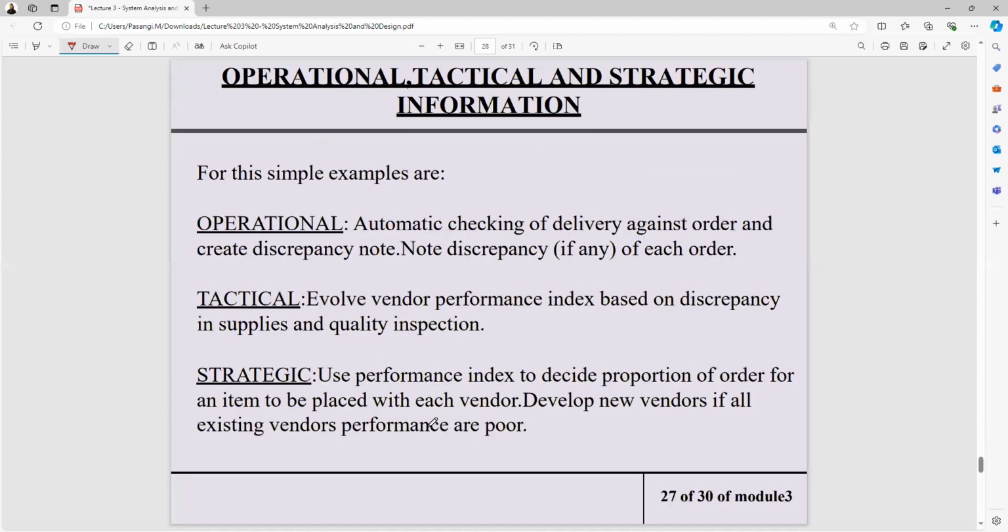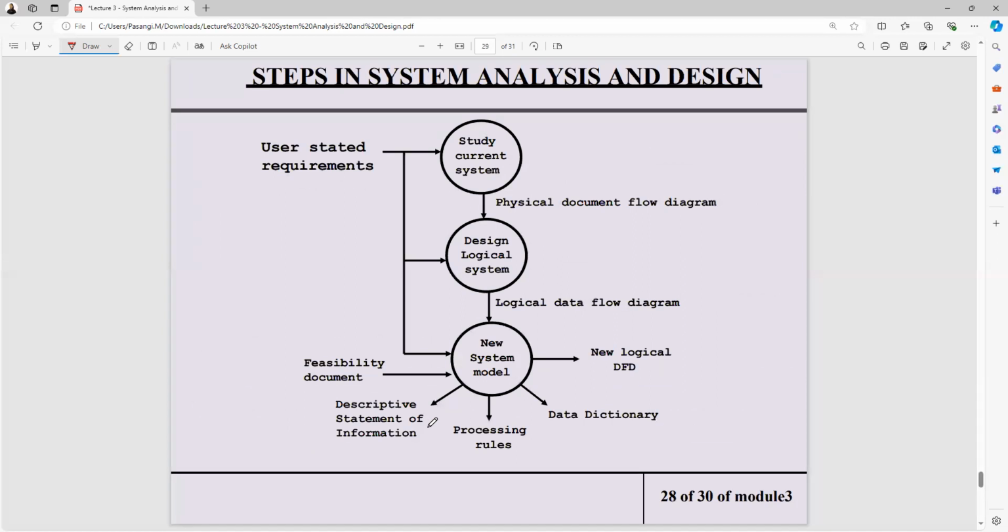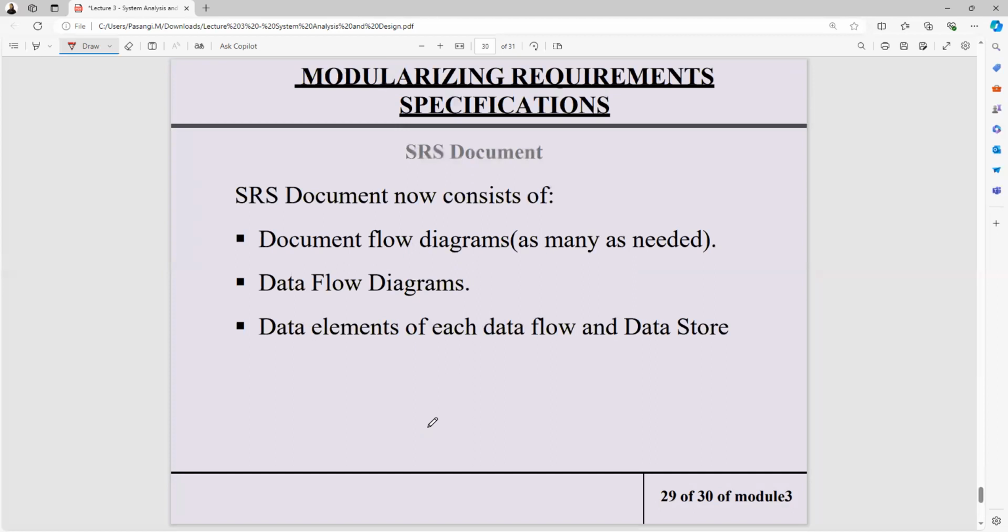What are the operational, tactical, and strategic information we have to consider while analyzing and designing this entire system, and what are the steps in system analysis and design for this context? And at last, how to modularize all these requirements into a specification document.